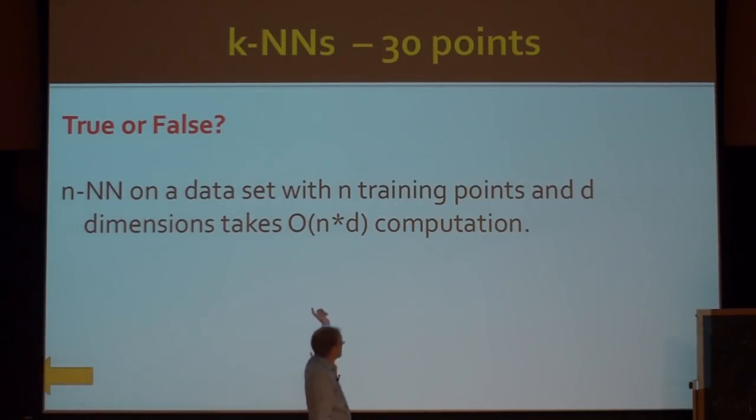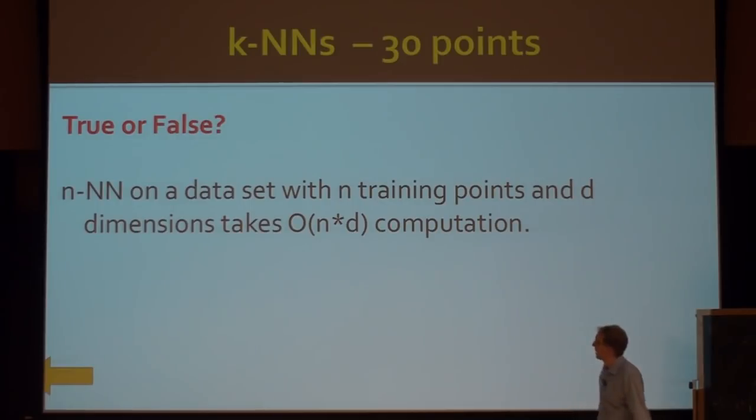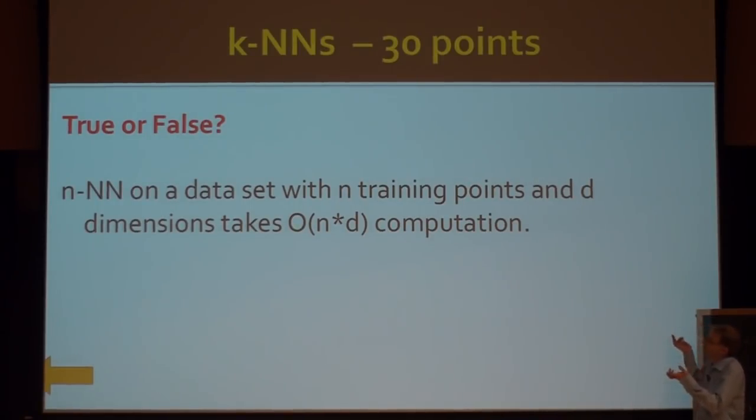Usually the computation is n times d to find the k nearest neighbors, plus the bookkeeping of who the k nearest neighbors are, which is some little heap tree. But if you take all the points as your neighbors, you're basically always predicting the most common label. So you don't need to look at your data at all. It's a silly classifier.